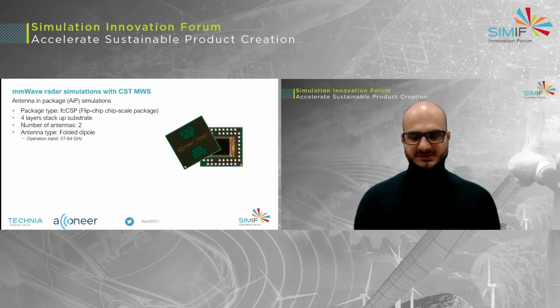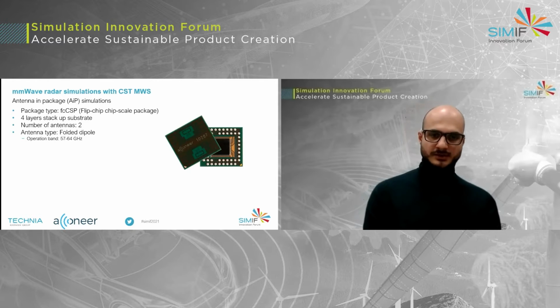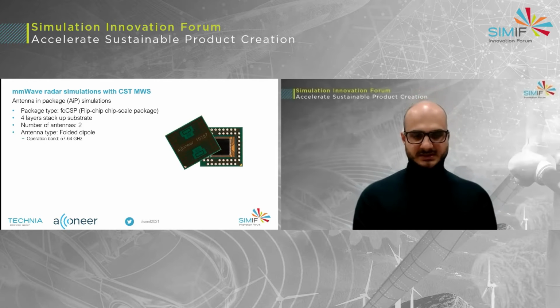Moving more into the simulation domain, I'll talk about the antenna in package simulation, which we do on a daily basis at Acconeer. One example is the antenna in package design, and the package type for this product is flip chip scale package, which consists of a 4 layer stack up, and we have 2 antennas, one for transmitting and another one for receiving.